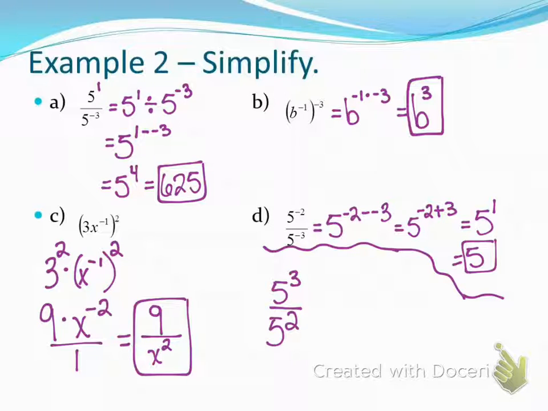Now, it's still a division problem, so I'm still going to subtract my exponents, but this time it's going to be 3 minus 2, which is still equal to 3 minus 2. 1. Should hear everybody answering a question like that. 3 minus 2 equals 1, so we still end up with 5 to the first, or just 5 as our answer.